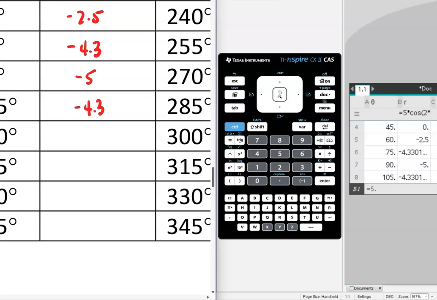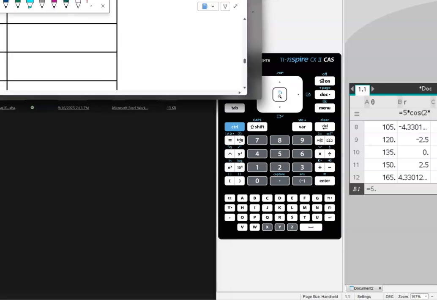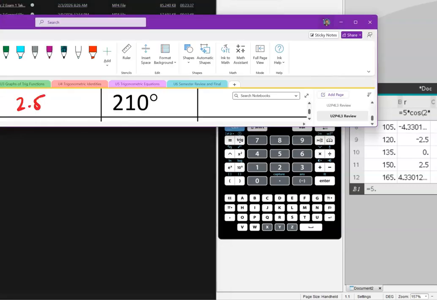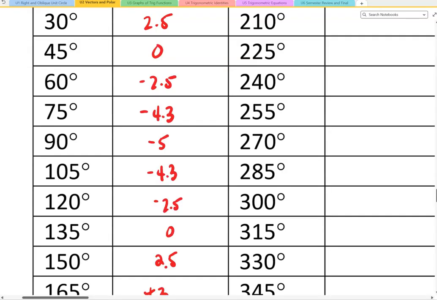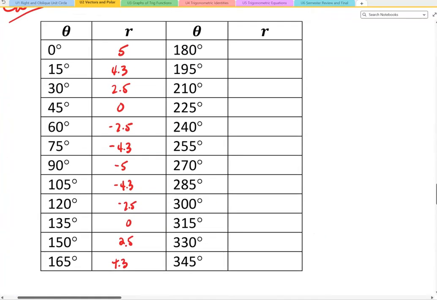So I've gotten to 105 degrees. And at 105, we've got a negative 4.3. At 120, we've got a negative 2.5, 0, 2.5, and then 4.3. So as I'm looking in this column here, I'm wondering if I'm seeing a pattern.